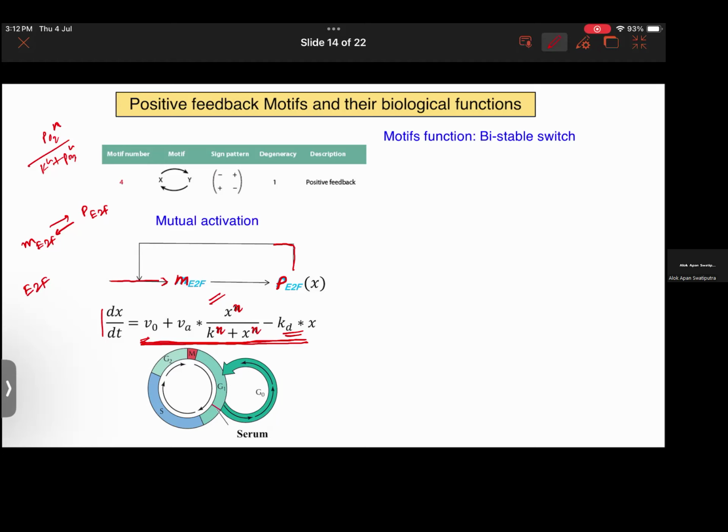Now, what is the biological significance of this equation? If you remember your cell cycle, for those who study biology, the cell cycle has certain distinct phases. There is a resting phase, which is called G0. Then the cell is absolutely dormant.